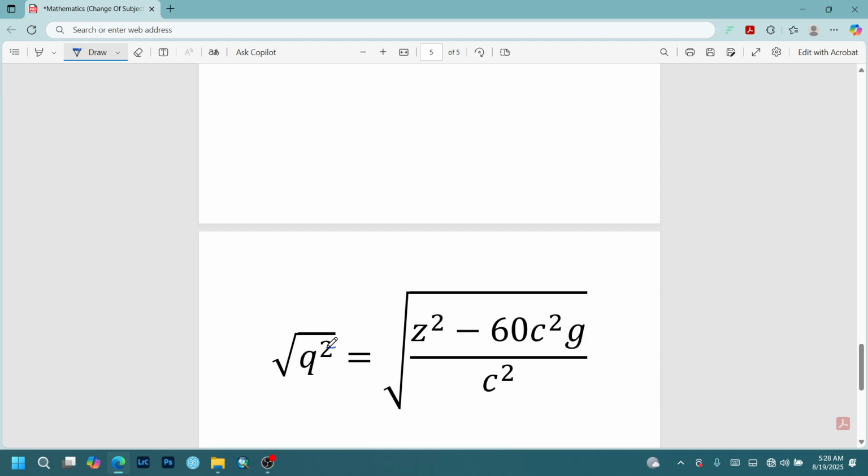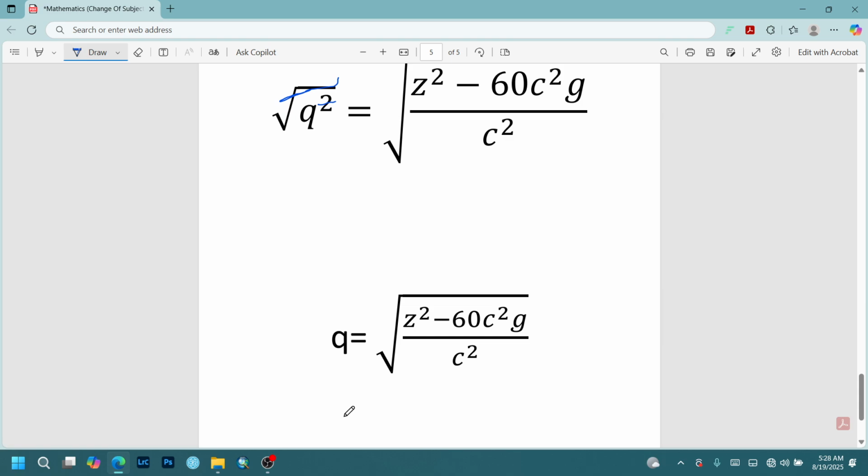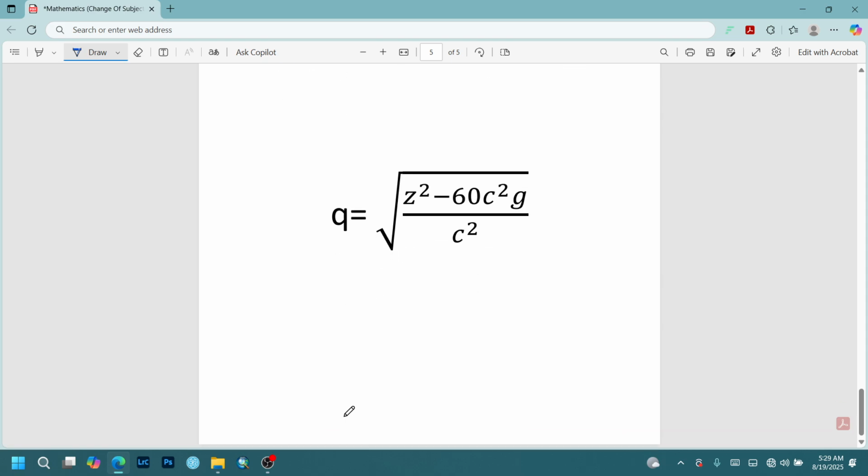So this square will cancel the root square, leaving k alone. So we have our k to be the root square of the fraction z square minus 60 c square j over c square, right? So that's our final answer.